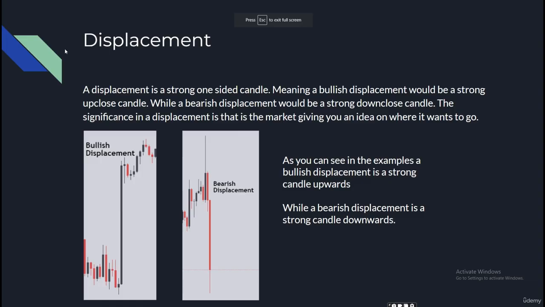Displacement. You've probably heard me talk a lot about displacements, and now finally I'm going to explain what a displacement is. So first, a displacement is a strong one-sided candle, meaning a bullish displacement would be a strong up-close candle, while a bearish displacement would be a strong down-close candle. And the significance of a displacement is that it's the market giving you an idea of where it wants to go.